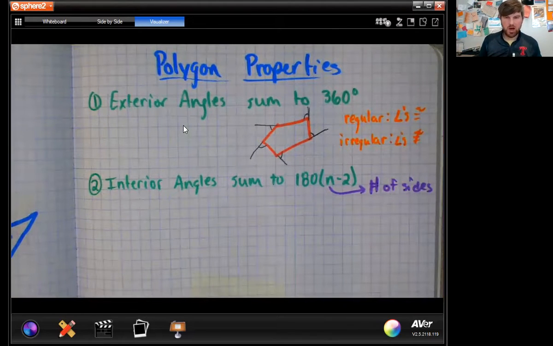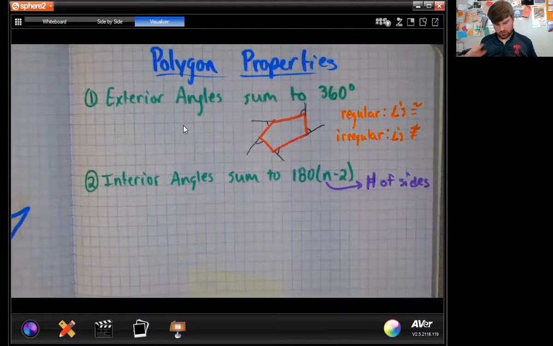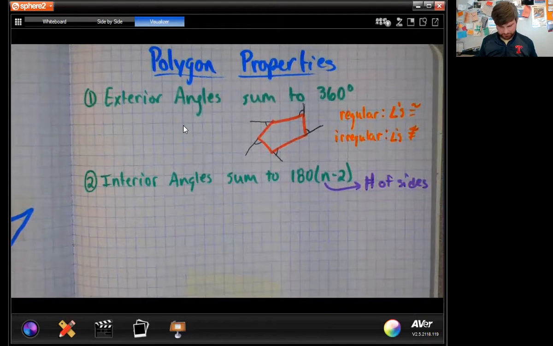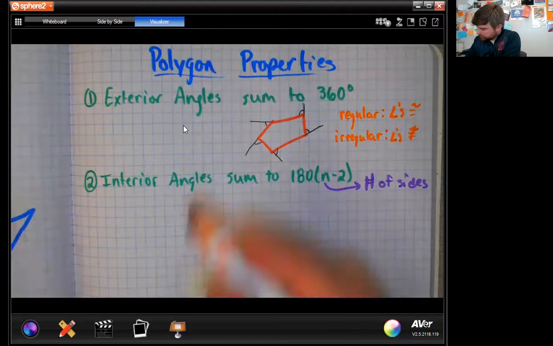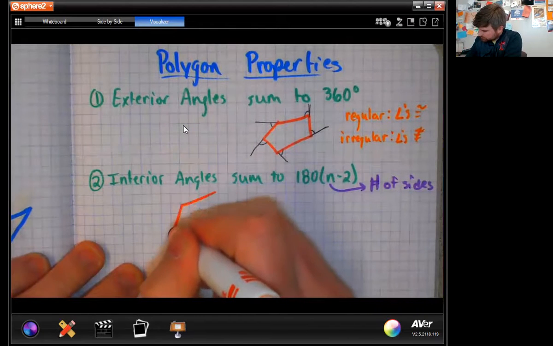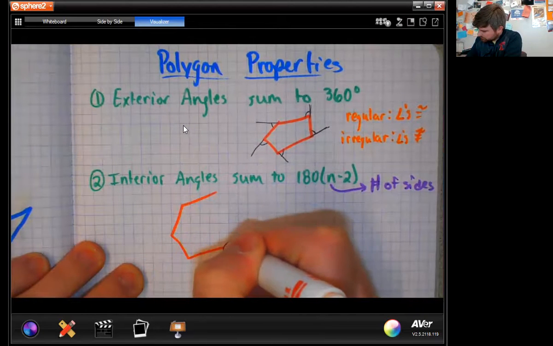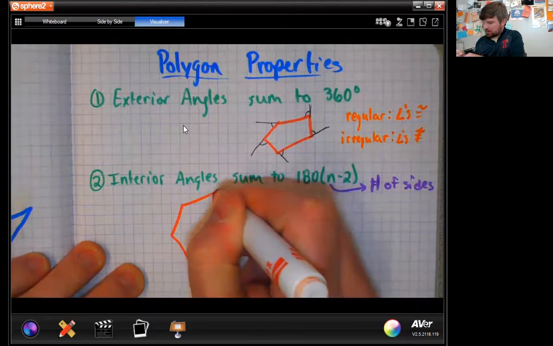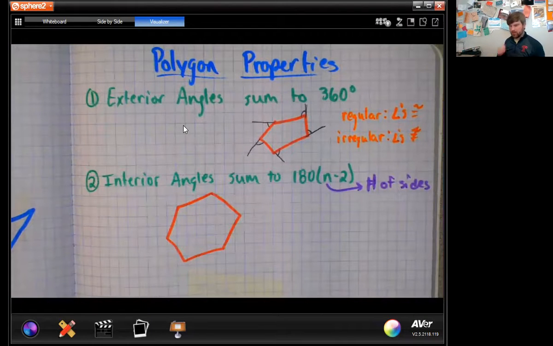So why is this? If I draw some polygon, I have this polygon, it's an irregular polygon.